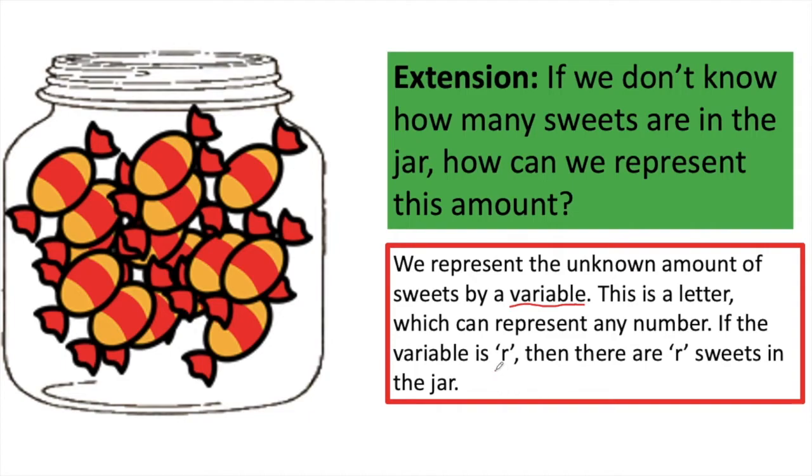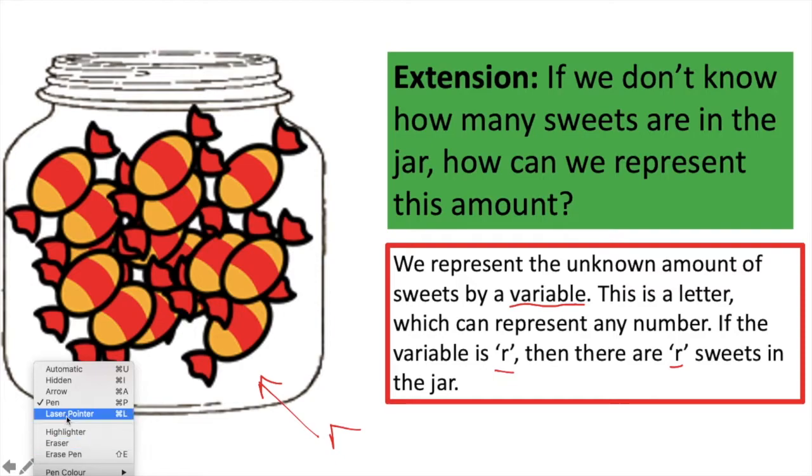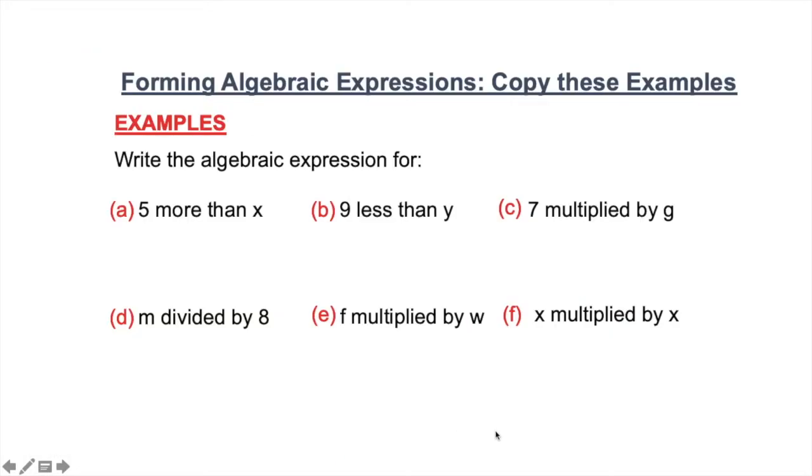And this, for example, could be called R. There could be R sweets in the jar. How many sweets are in the jar? There's R sweets in the jar. So let's go over a few more examples and then you're going to have a go at some examples yourself.